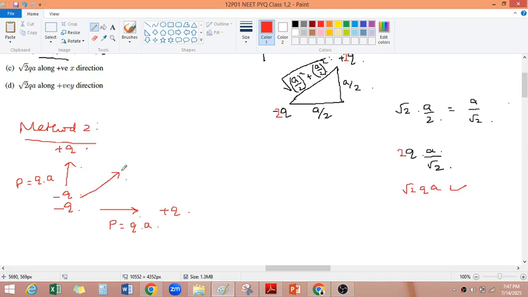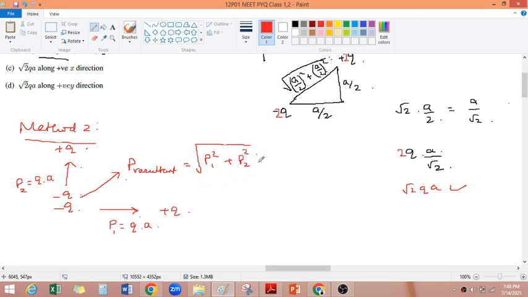So that means your P resultant is equal to the square root of P1 square plus P2 square. Let's call these P1 and P2. But luckily the magnitude is the same.